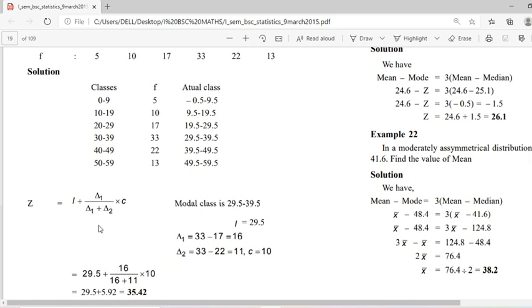So we can apply this formula: 29.5 plus delta 1, which is 16, divided by delta 1 plus delta 2, that is 16 plus 11, into C, that is equal to 10.